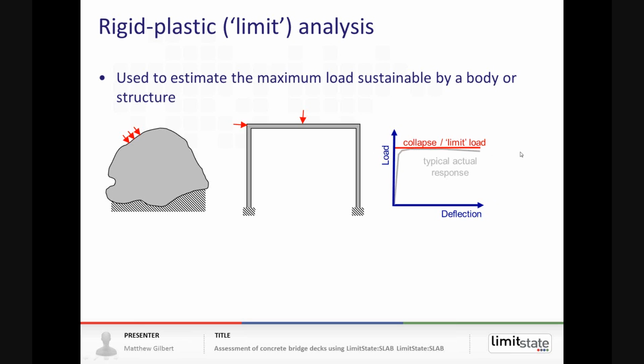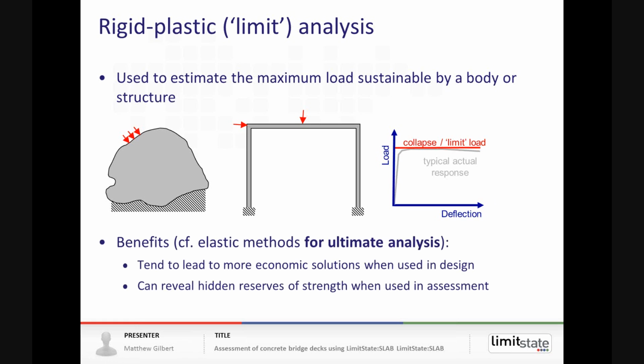So clearly it's a simplification, but it's a simplification which is reasonable in many cases. And the benefit of this approach for ultimate collapse analysis is that from a design perspective, you tend to find that you can design more economical solutions for your clients. And from an assessment perspective, which is clearly of interest today, using these techniques, we can often reveal hidden reserves of strength.